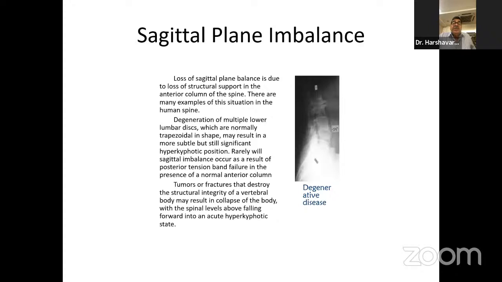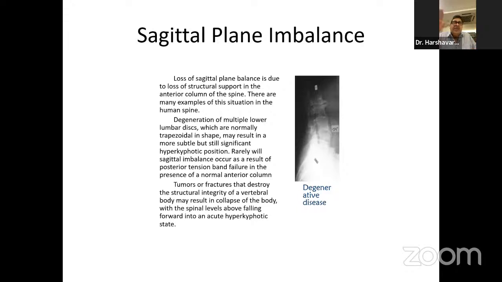And this, as we see in the most common presentation that we have, is degenerative changes in the spine, which lead to a change in the weight-bearing axis. This essentially happens because the weight-bearing axis is normally balanced by the front and the back.